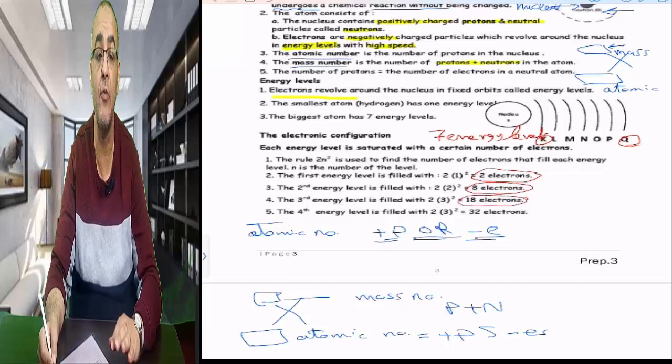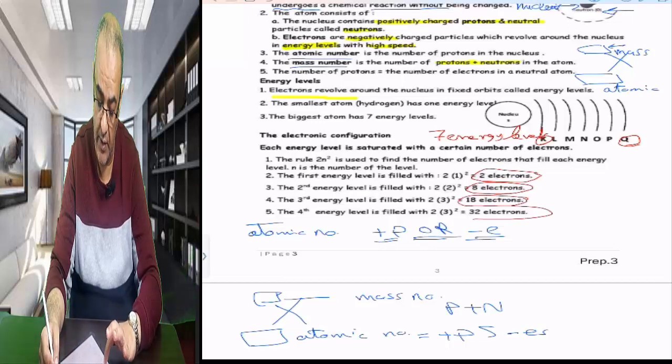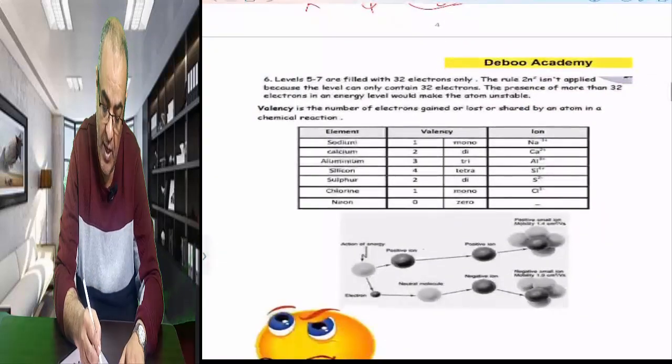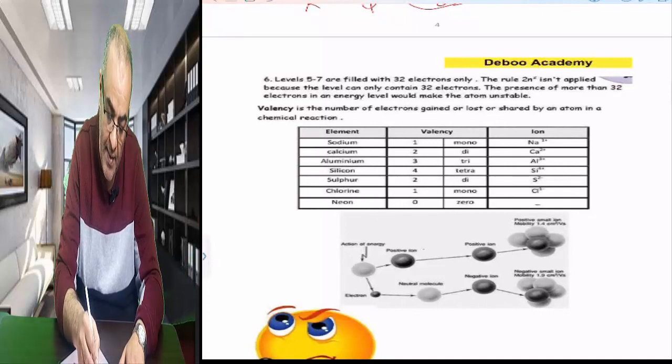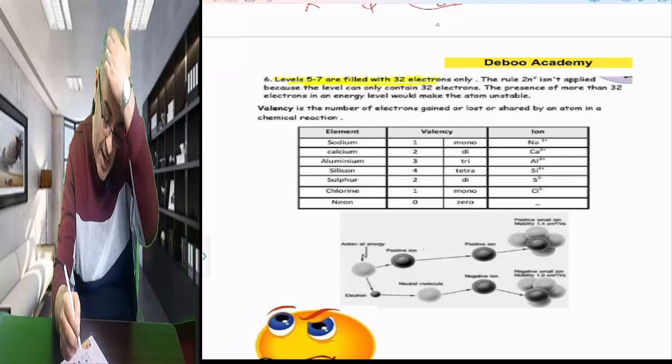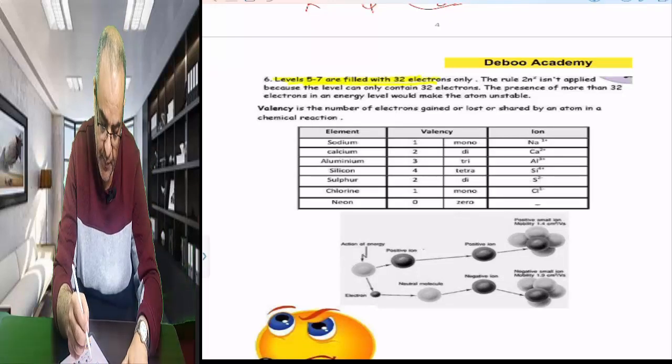And finally, the fourth energy level is filled with 32 electrons. Levels 5 to 7 are filled with 32 electrons at most. And this relation doesn't apply because the atom, as we said, becomes unstable.